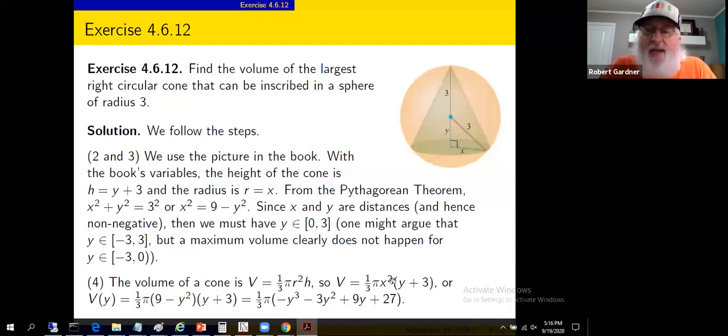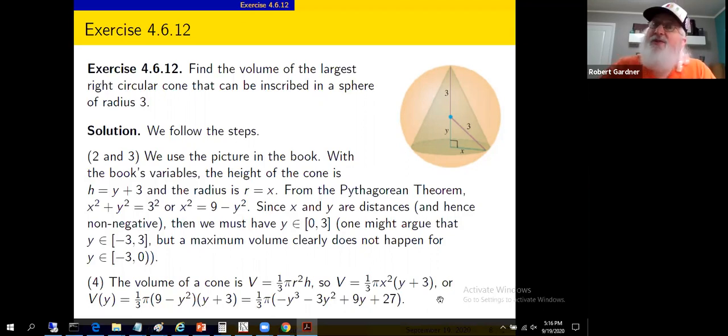You know what? I think I want to eliminate x this time. Actually, eliminate x squared, because we've got x squared in terms of y, right here, 9 minus y squared. So let's substitute that in for x squared. Then we get 1/3 pi, 9 minus y squared, times y plus 3. There's the volume as a function of y only.